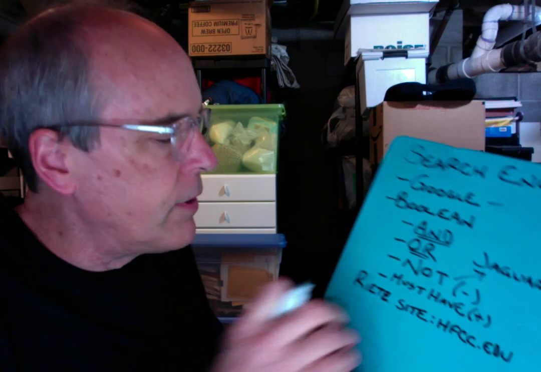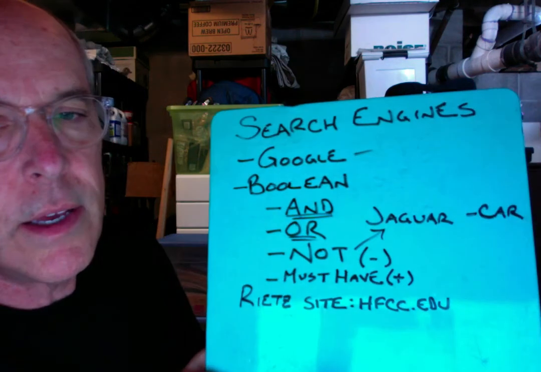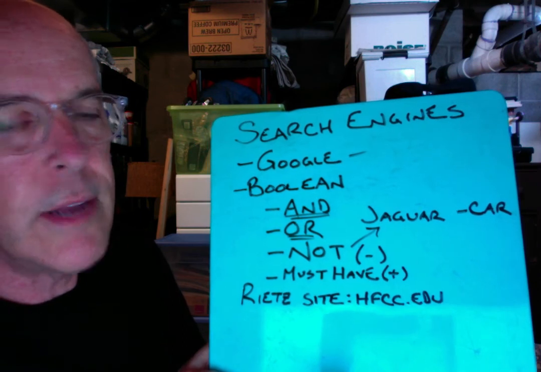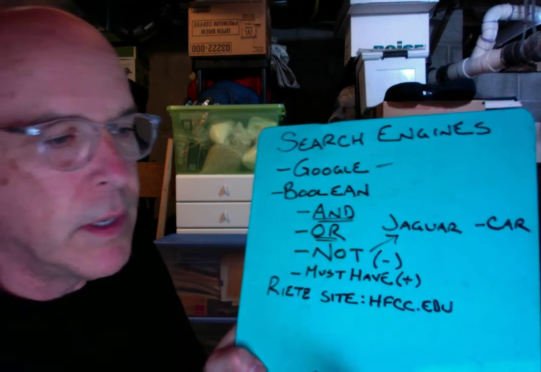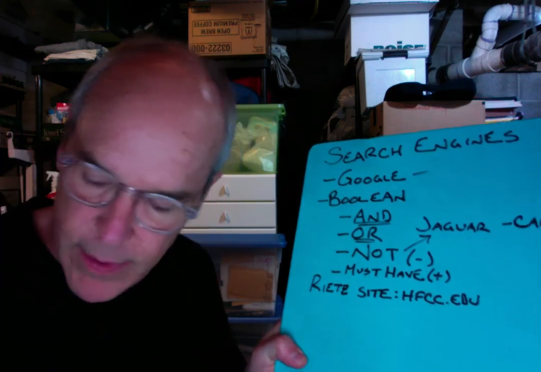It looks like there's a dot there, but there's not. It'll look for the word Reitz all over the Henry Ford Community College.edu website. All right, I hope you're writing some of these down. They can be helpful for you.